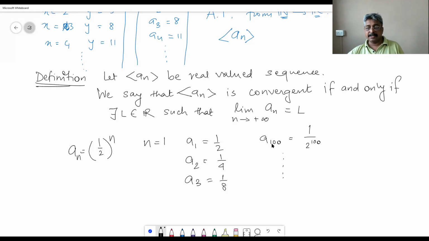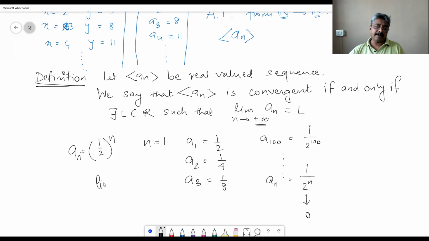Now if I take this value n, an is equal to 1 upon 2 raised to n. Suppose I take n to plus infinity, because the natural number set is an infinite set. I can always take the values to very big numbers, and hence this sequence is going to go to 0.